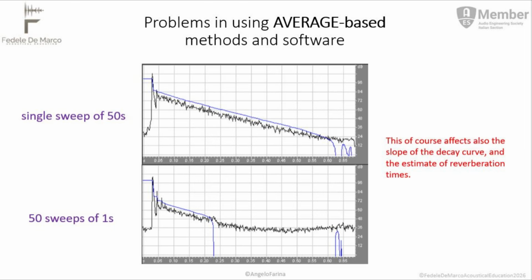In this comparison, filtering the IRs at 4 kHz shows how the single sweep provides a linear decay with a dynamic range of 63 dB. In contrast, the average measurement underestimates the reverberant tail energy, resulting in a much lower signal-to-noise ratio of only 43 dB. This directly alters the slope of the decay curve and the estimate of reverberation times.